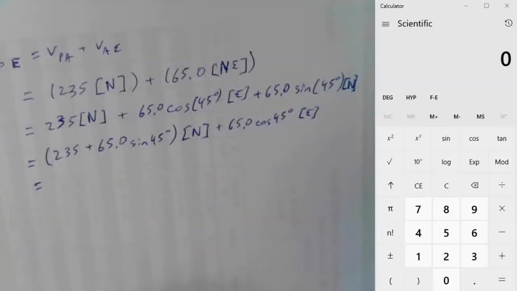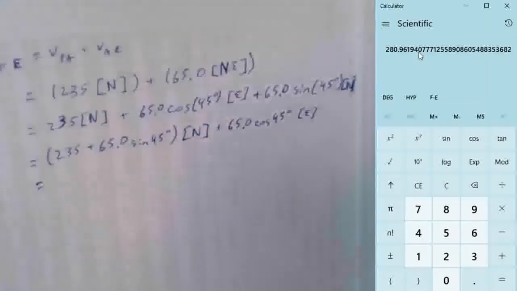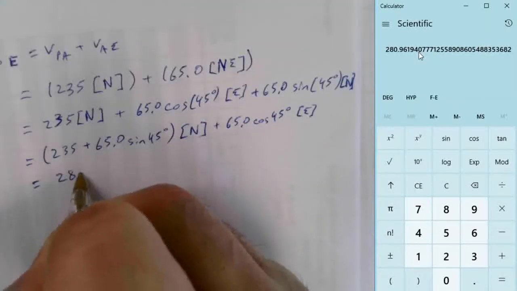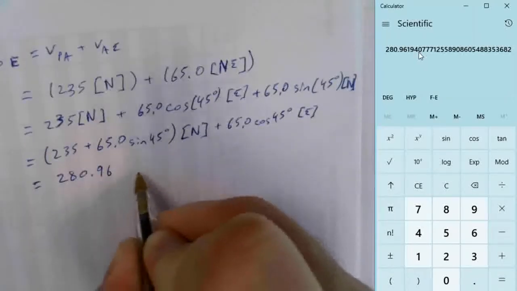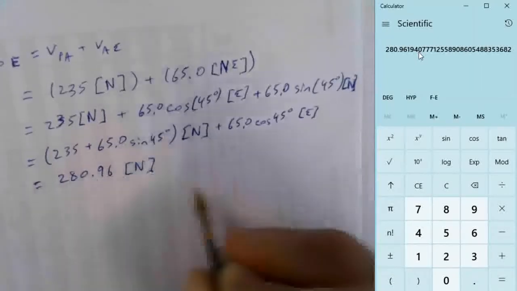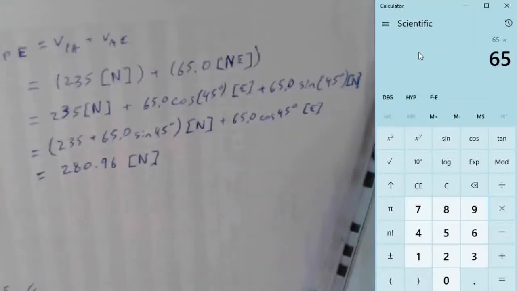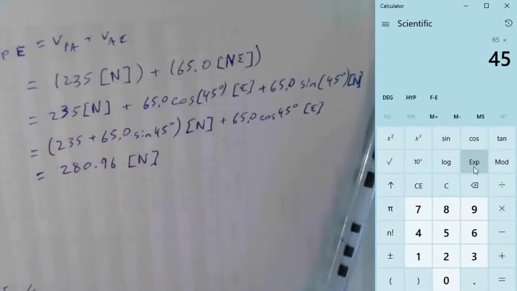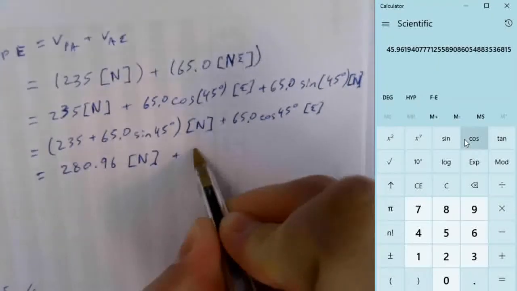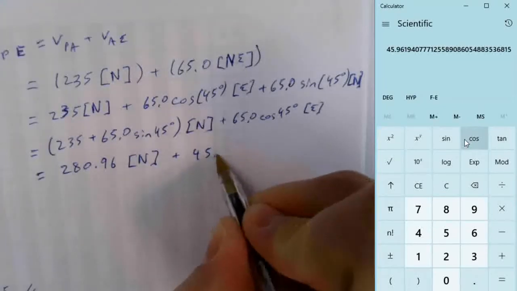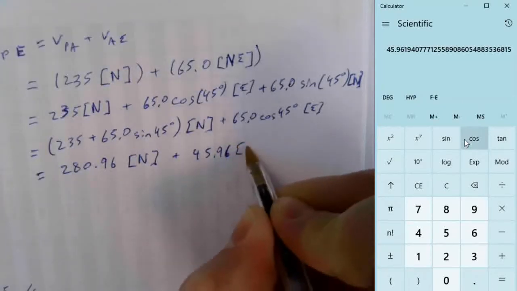So let's do, on my calculator here, 235 plus 65.0 times sine of 45. I end up with 280.96. That is towards the north. And if I just do 65 times cosine of 45, but really cosine and sine would be the same here, I'm left with 45.96 to the east.